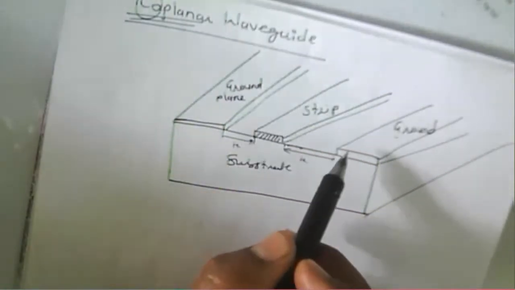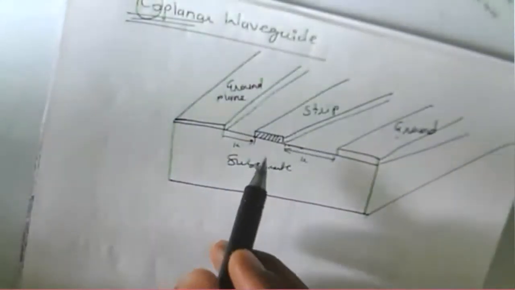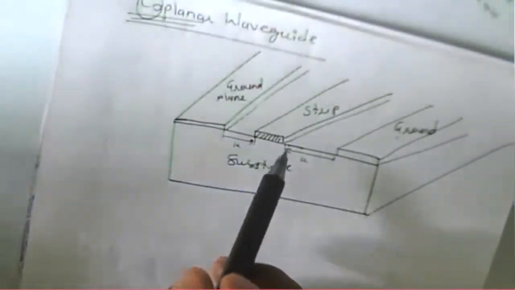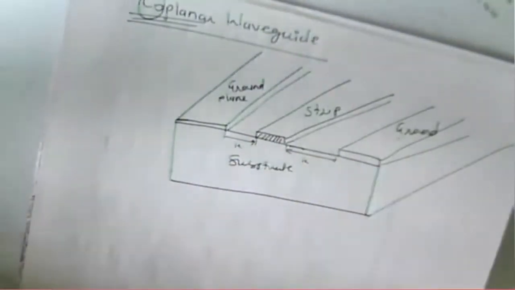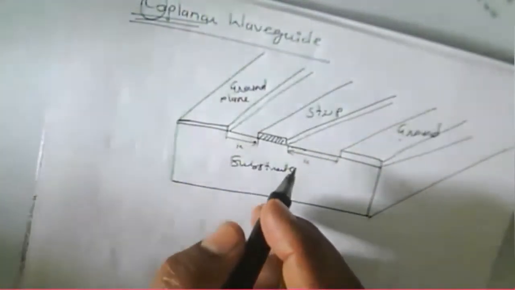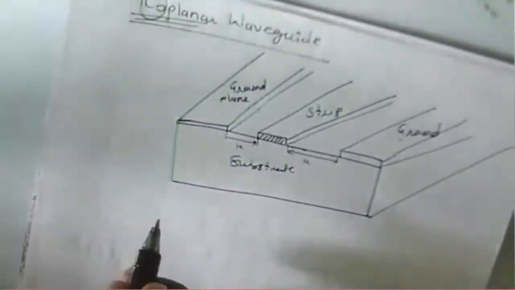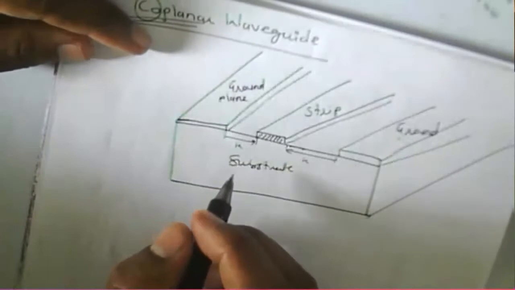We can easily convert the coplanar waveguide to a coaxial line or to a microstrip. That means a transition from the microstrip line to a coplanar line, or from the coaxial to a coplanar line, can be easily achieved using this particular design.